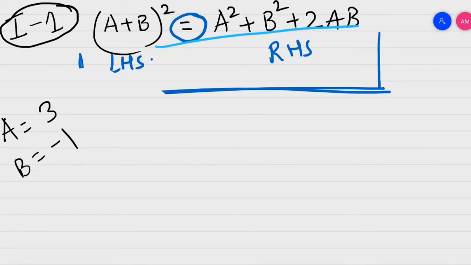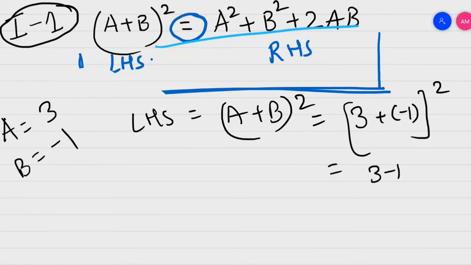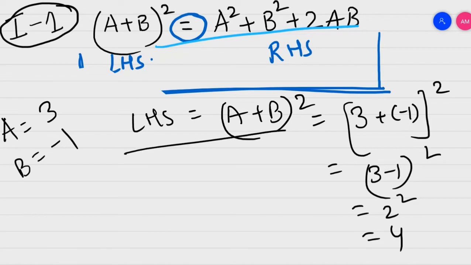Now LHS is (a plus b) whole square. A is 3 and your b is -1. Now this will become (3 minus 1) whole square, that will be 2 square, and that will be equal to 4. This was your LHS.